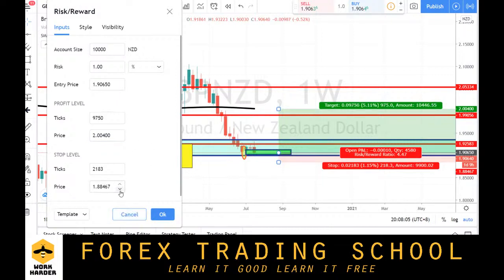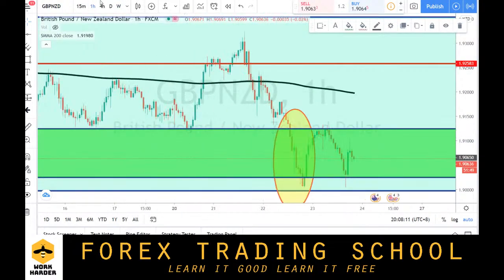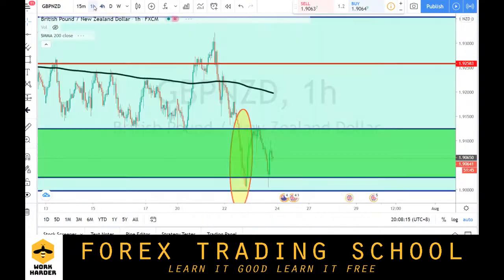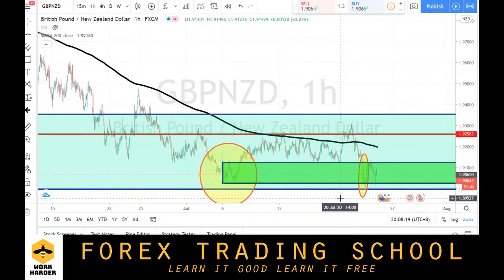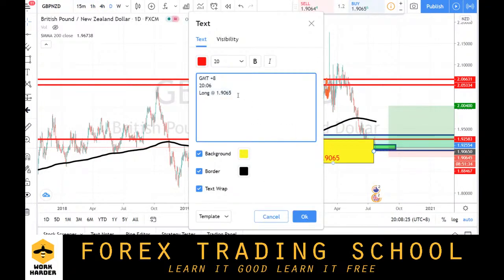Top level 1.88467. I think it's too low. Let's dive deeper into the smaller time frame. Let's do it here. This is a very good 1.8952. 1.8952. Stop loss.